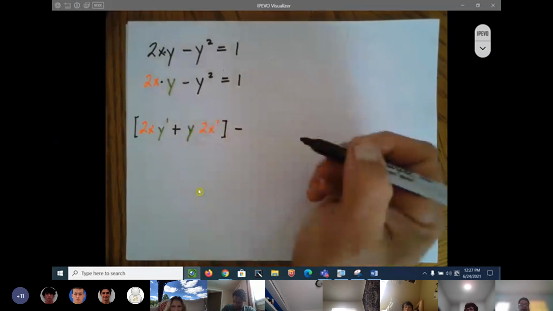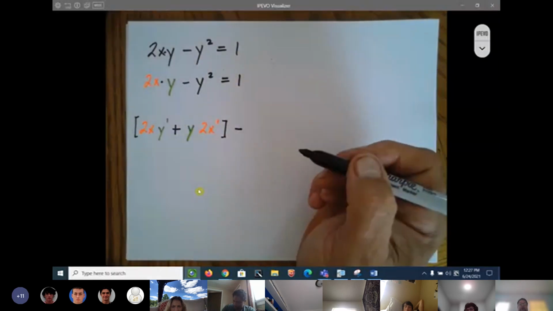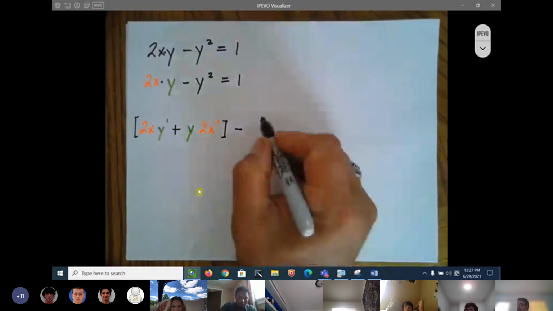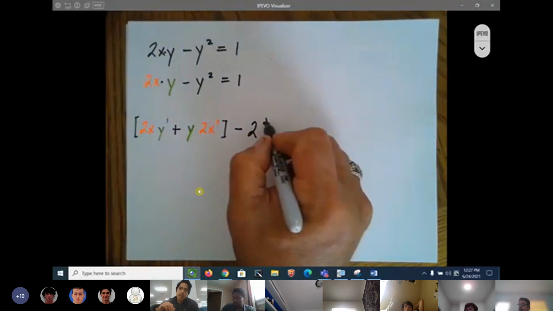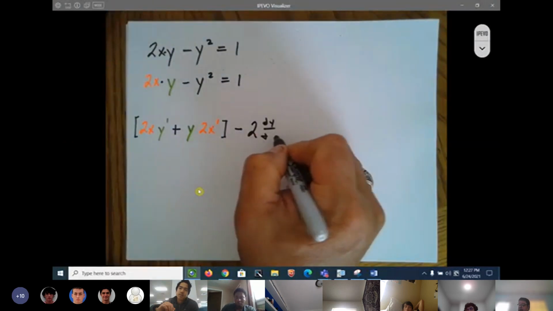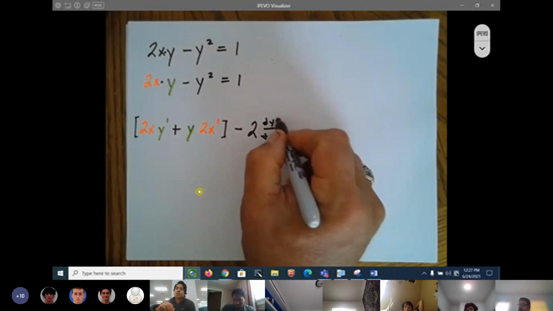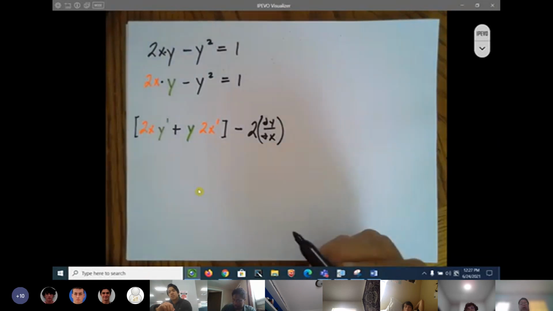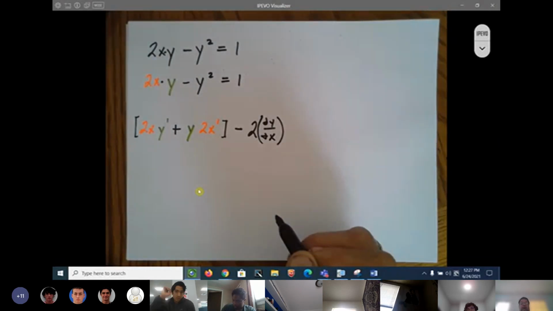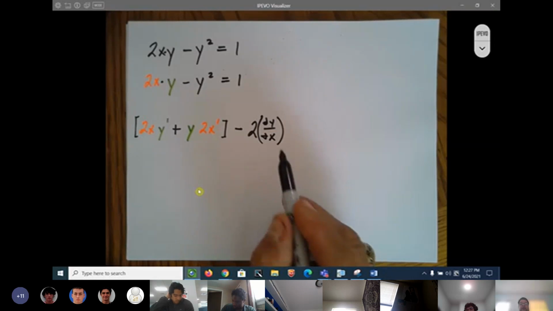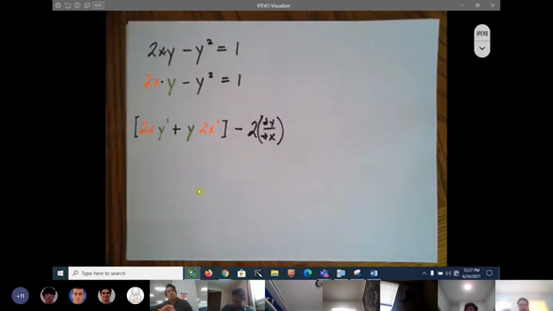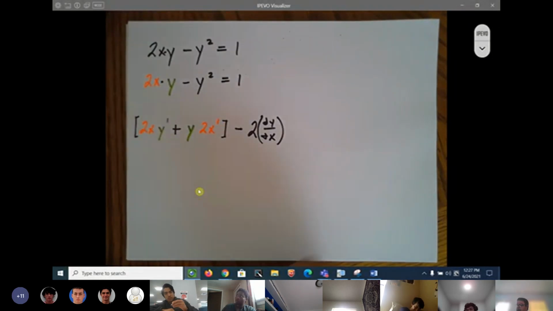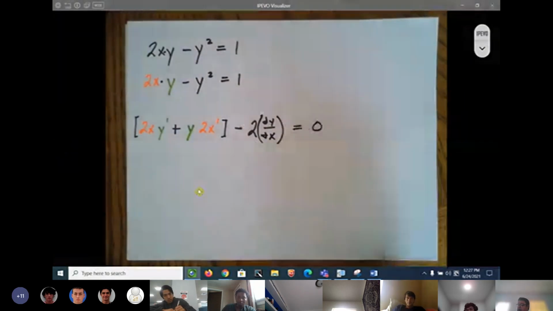Minus, somebody tell me what the derivative of y squared is. 2y. And you need to put dy dx with it, or y prime. I'm using dy dx a little bit more since we've gone over rate of change and related rates, so maybe it'll tie that in, equal to 0.